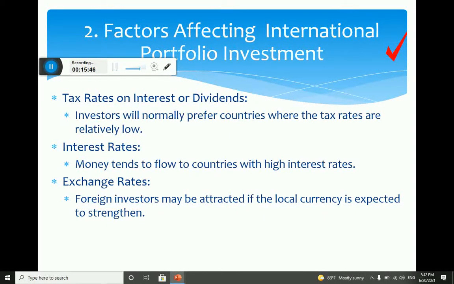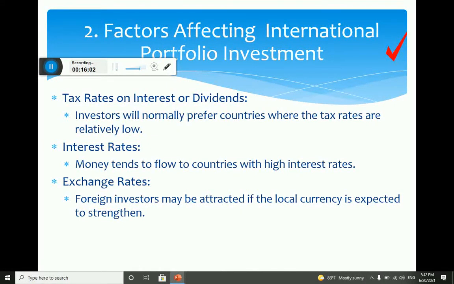In Afghanistan, it's 20%. So tax rates always have an effect on the flow of funds. If tax rates increase, it will definitely have a negative impact. If tax rates decrease, it will have a positive impact.